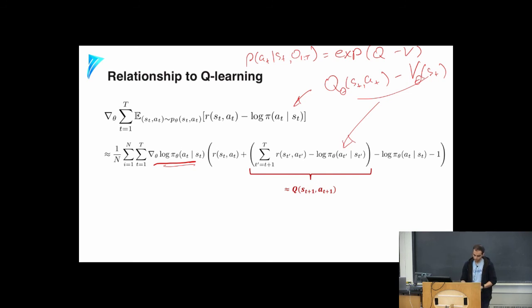So when moving from this line to that line, what I did was rearrange slightly the terms here so that the sum goes from 1 to capital T, and then the inner sum goes from t to capital T. So we get rewards from t to capital T as well as the log probabilities from t to capital T. So this expression on the slide, Q(s_{t+1}, a_{t+1}), is basically using the definition of the log pi.